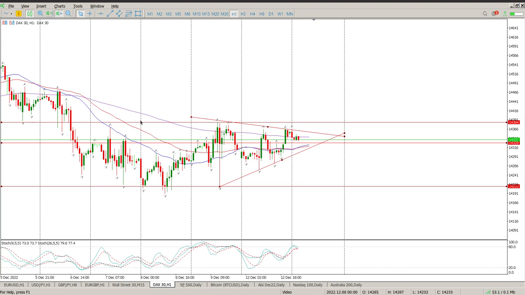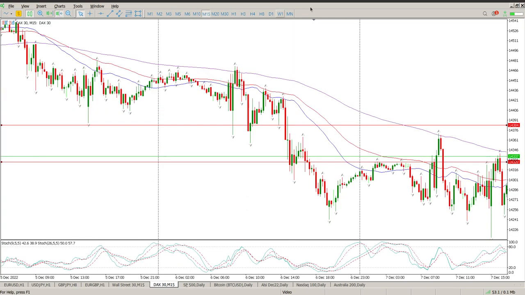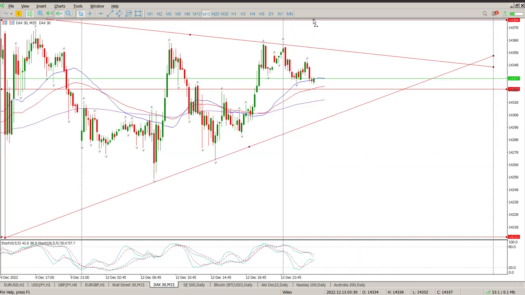That would get us above this level of 14,384. But I'm not convinced either way, to be honest. So with gaps below like this on the 15 minutes, that's a gap there. There's a gap. So I wouldn't be too surprised to see us come back, close the gap at least, build some structure here, and then move.